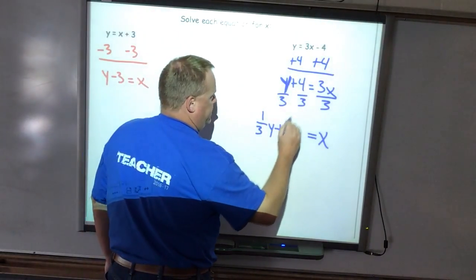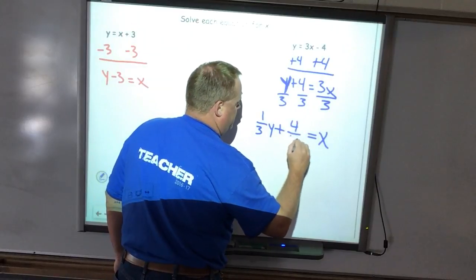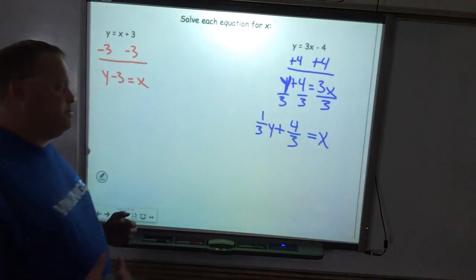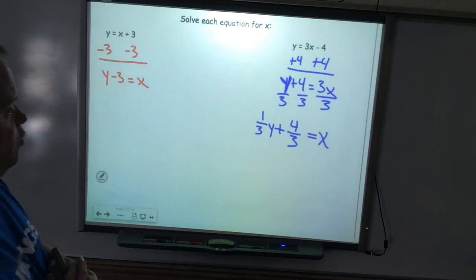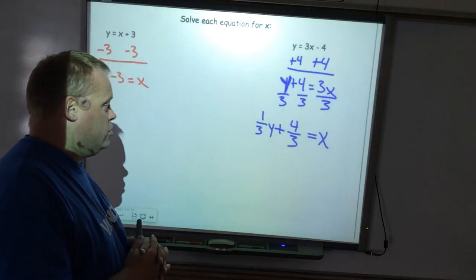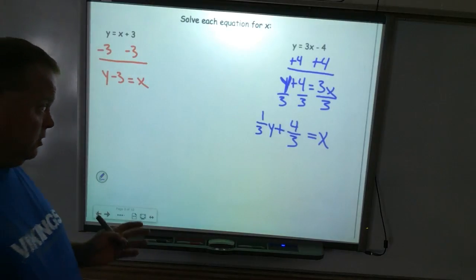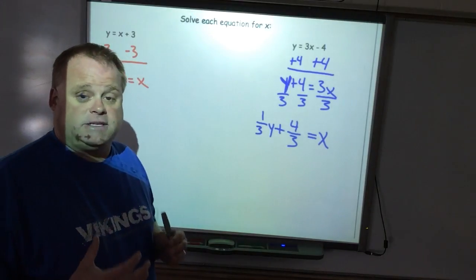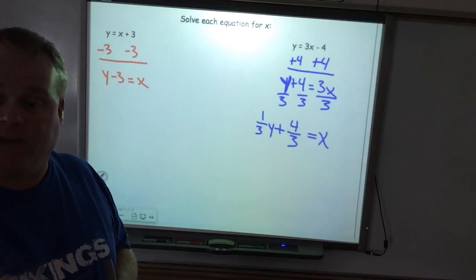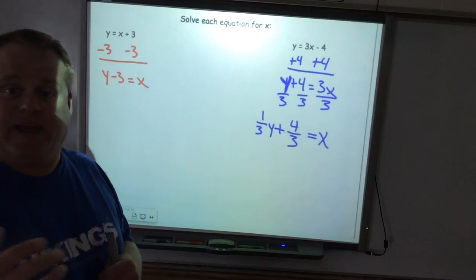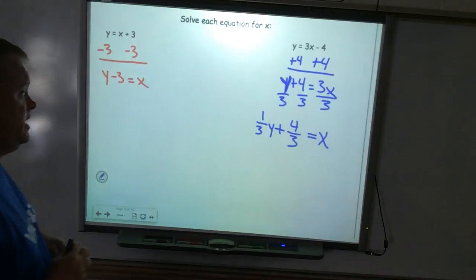And then the other one is 4 divided by 3. Well, I've accomplished my goal. I've gotten x by itself, and it gave me the answer of 1/3 y plus 4/3. So when we solve systems of equations by substitution, you're going to be asked to get an x or a y by itself in the first step.